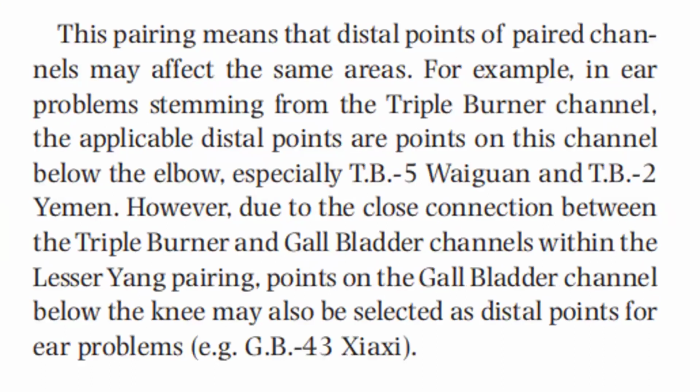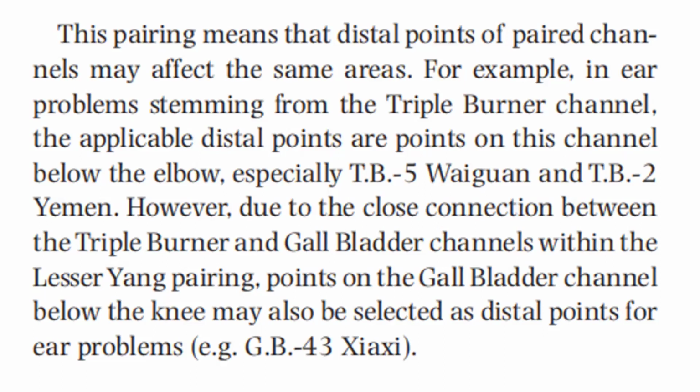This pairing means that distal points of paired channels may affect the same areas. For example, in ear problems stemming from the triple burner channel, the applicable distal points are points in this channel below the elbow, especially TB5 and TB2.